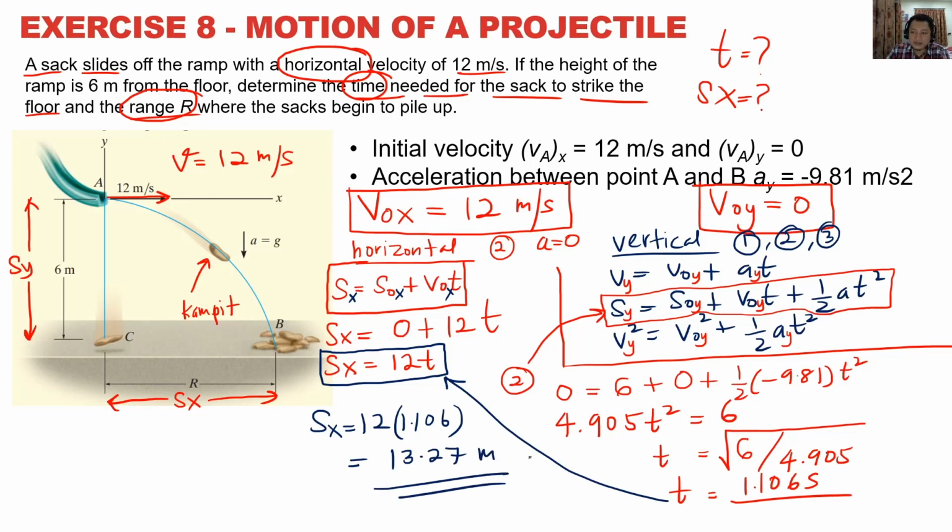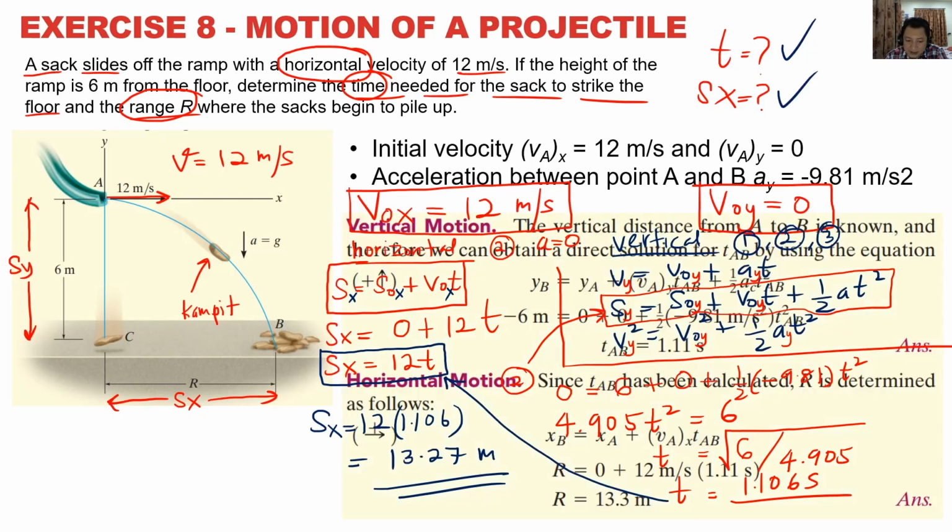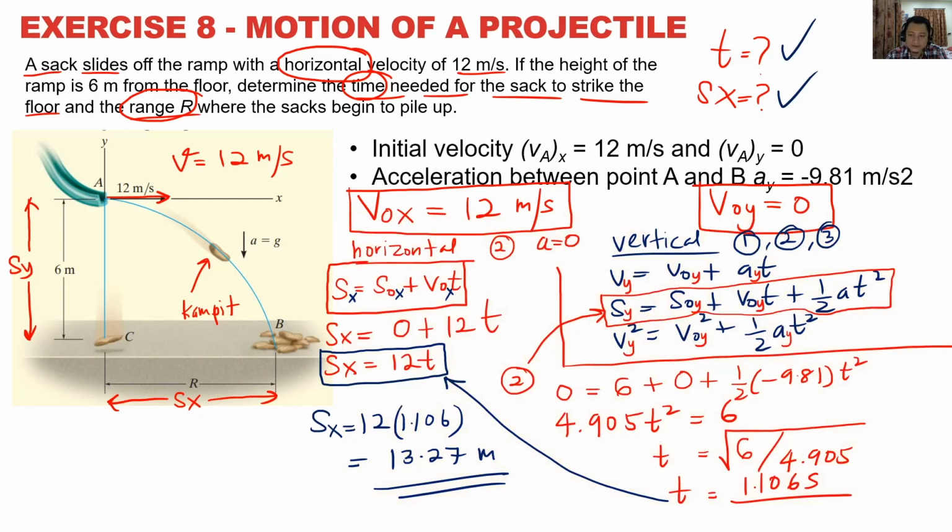Have we answered everything? It asks us to find the time, and the time we have got, and Sx we have also got. Now you can check: 13.27 is correct, time 1.11 is correct. You can look at the solution, or you can look at this example on how to do it.